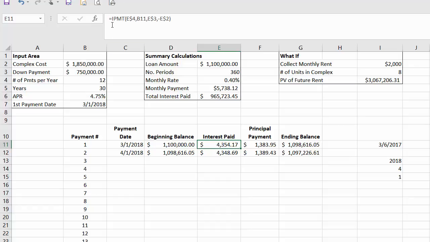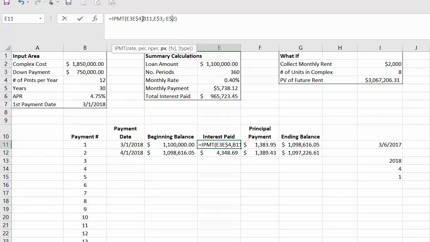The interest paid, we use a formula called IPMT. And you can see that the arguments for that are E4, which is the interest, then B11, which is the payment number, and then E3, which is the number of payments, and then E2, which is our starting amount.